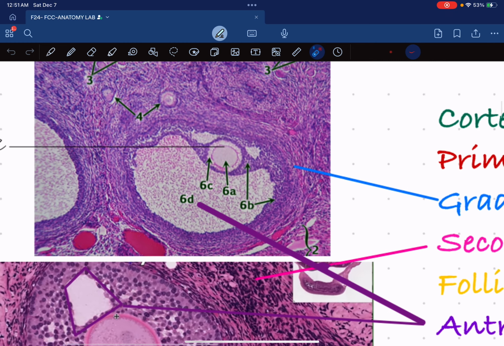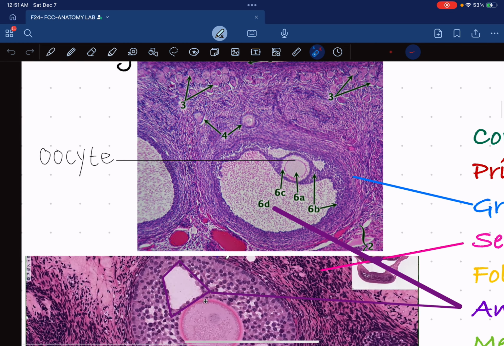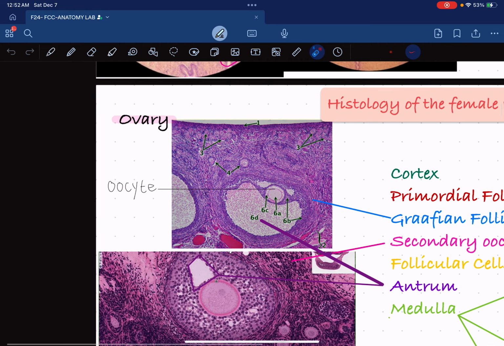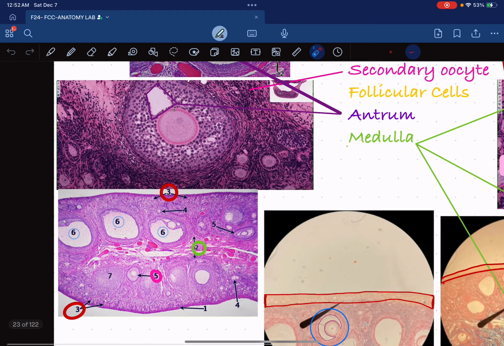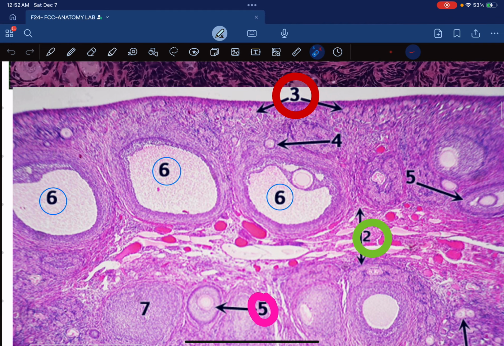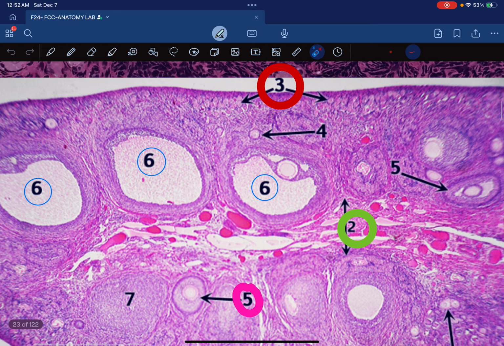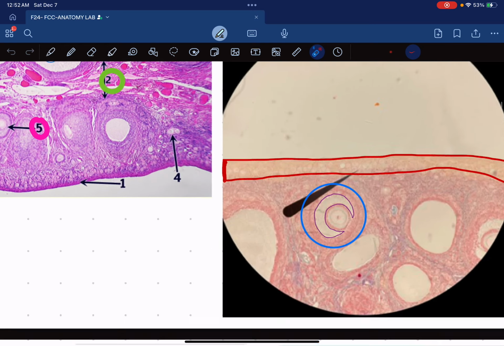We can identify that right here. The oocyte right here, located on the lateral wall. That's how we know it's a Graafian follicle. I have more Graafian follicles over here where the oocyte is on the lateral wall. And also right here.